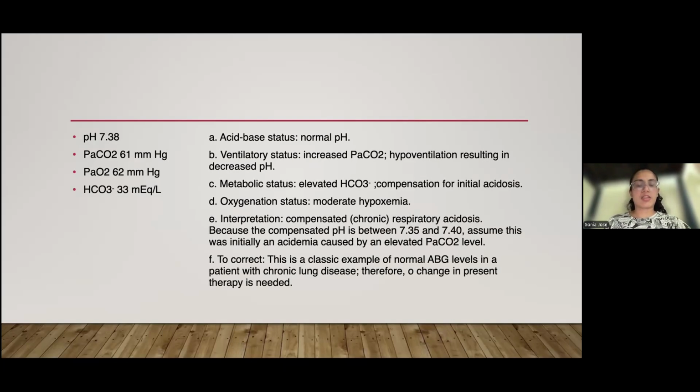So it is initially a ventilation issue, that is the PaCO2 issue, and the metabolic status, that is HCO3, is also increased for the compensation. Oxygenation status is moderate hypoxemia. So it is a compensated respiratory acidosis with moderate hypoxemia.